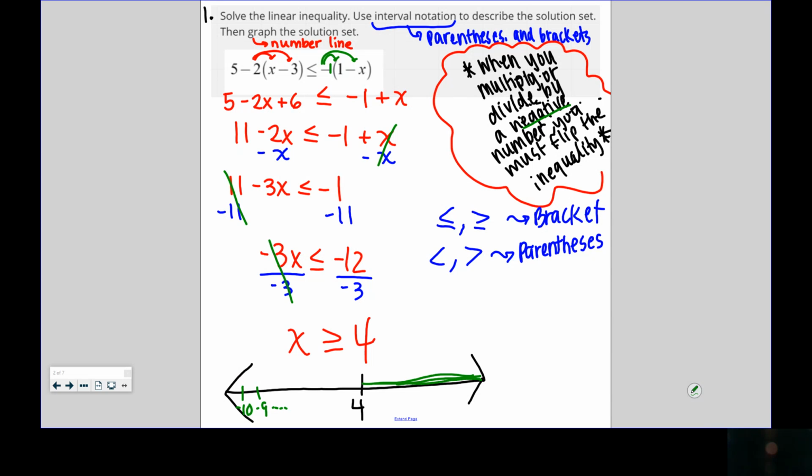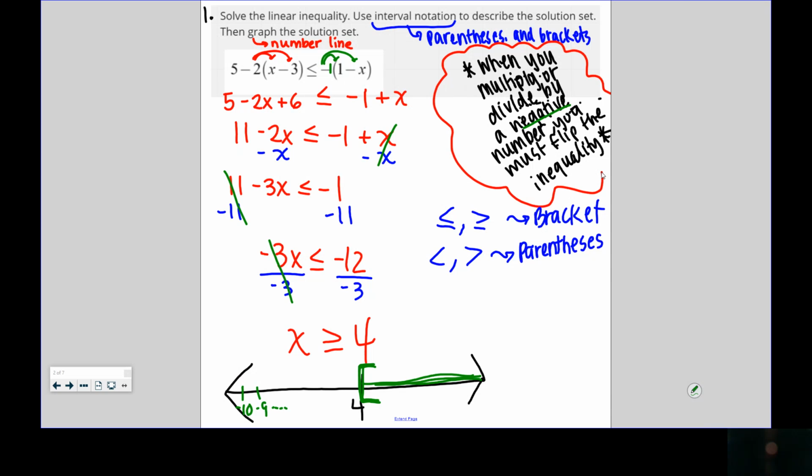Over here is going to be positive numbers, numbers that are greater than 4. All right, so now we shaded, now we just got to decide, do I put a parentheses or a bracket? So which one do I put here since I have an equal to? A bracket. And you want to just open the bracket towards the side that you shaded. So it'd be like this. And now your number line, your graph is done.